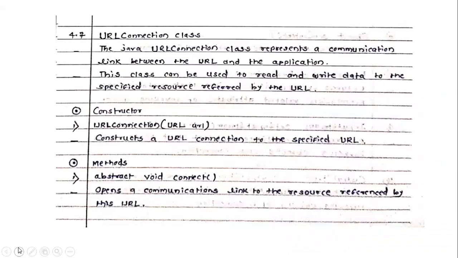In each program they are not using all the methods, so in some programs some important methods are included. This is just a demo of how it works. But remember these methods and constructors or the syntax for every class.